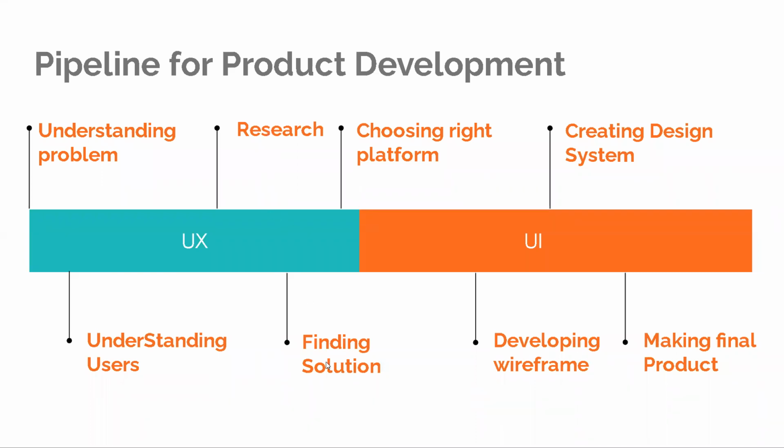Then finding the solution. We will find how we can solve that problem. We can make an app where the user will directly click a button and book a car. Or we can have a system where they call a helpline number and are directly connected to the nearest taxi, and they can call him directly.